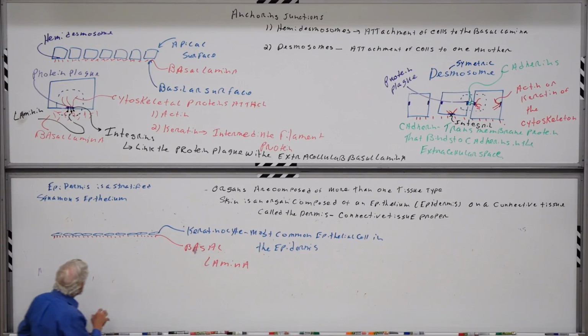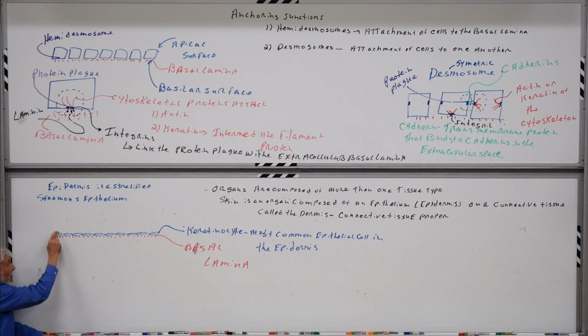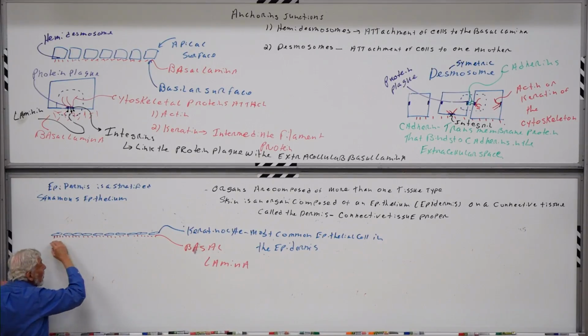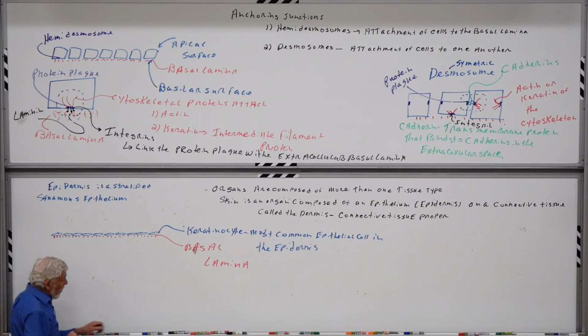Now, I won't draw in hemidesmosomes, but recognize there will be hemidesmosomes between these epithelial cells and the underlying basal lamina. They will be attached by integrins. And it was those integrins that were defective in those individuals who have those terrible blistering diseases where the epithelium comes loose in the underlying basal lamina.